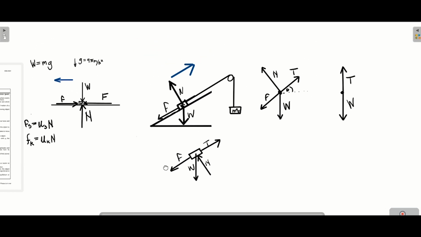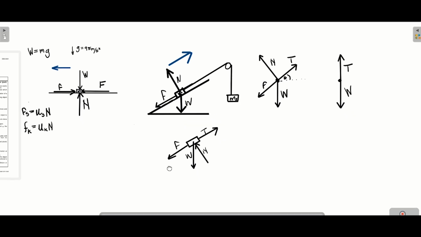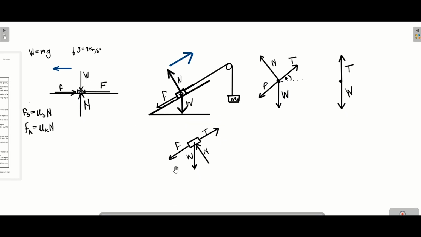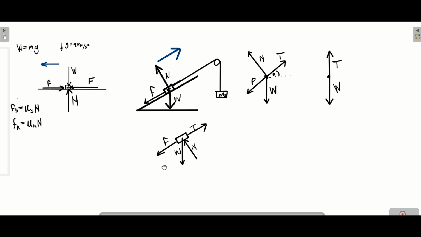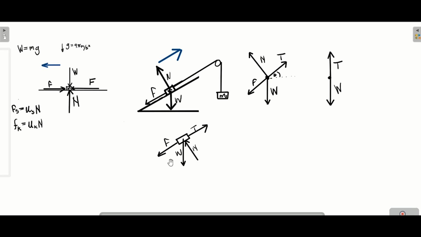Let's get into some questions so that we can analyze and apply the typical questions that we might get with these type of problems.